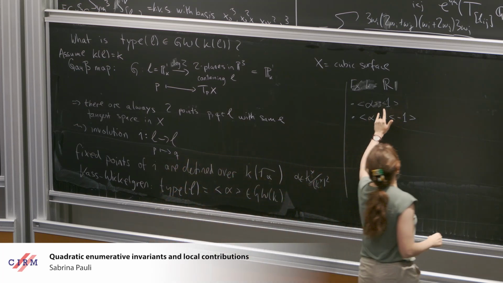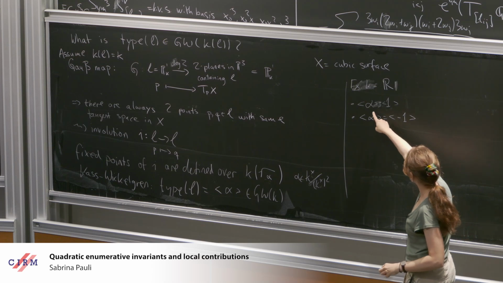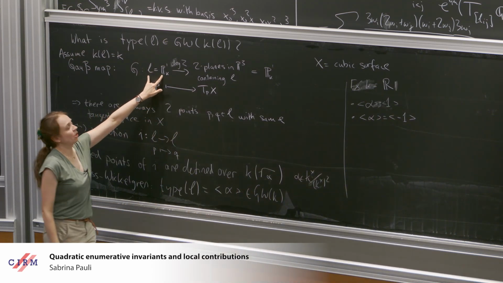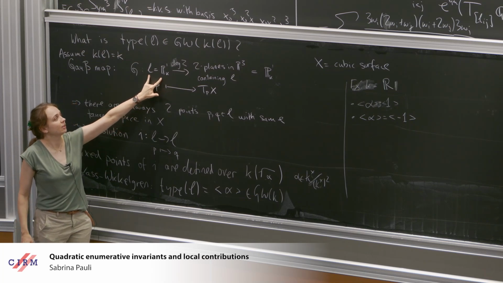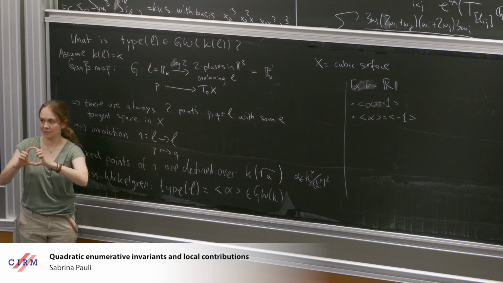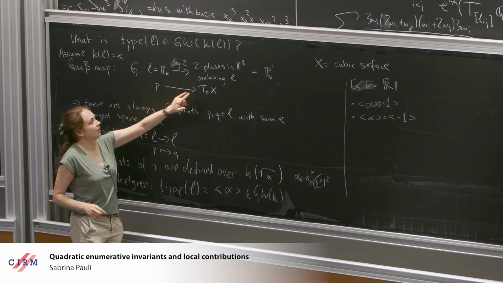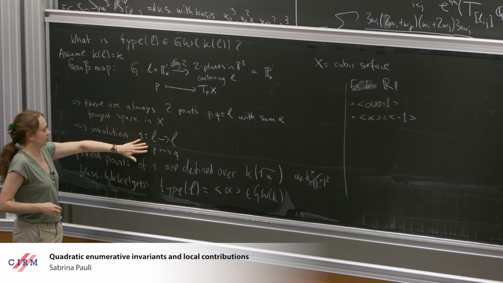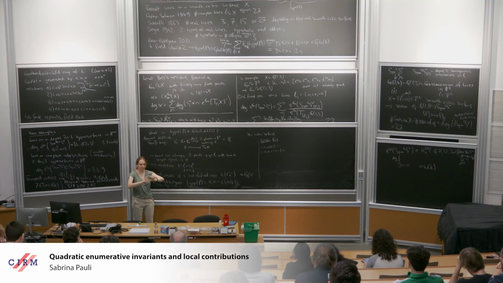So how does this look geometrically then? Over R, if I take the real points, I get an RP1, which is just an S1, and it sits somehow in the cubic surface. Now I can look at the tangent space at each point, or equivalently look at the normal vector and follow it around the line.